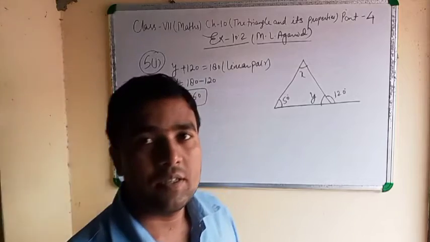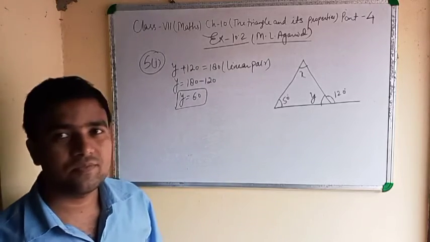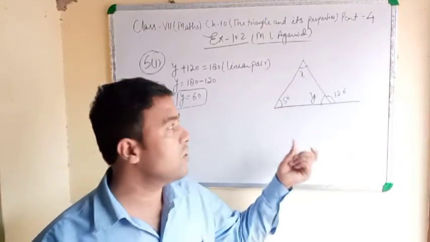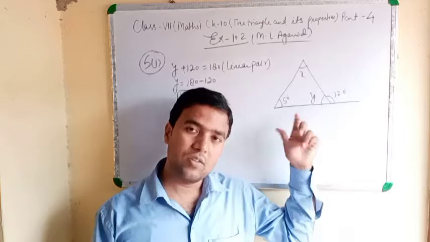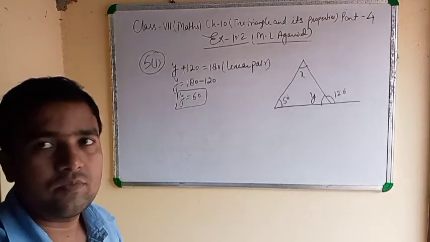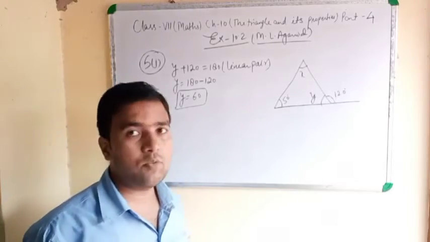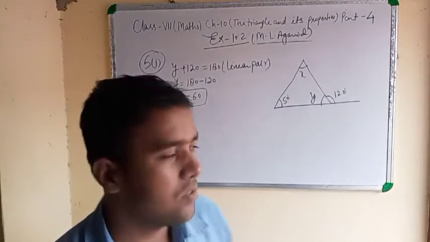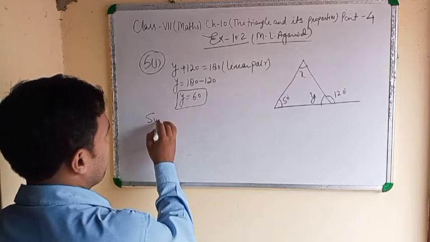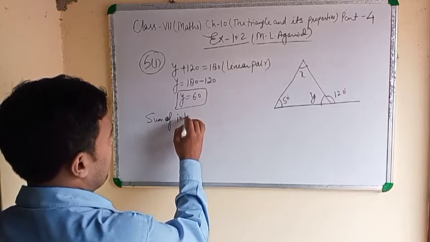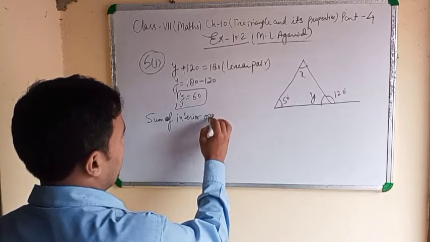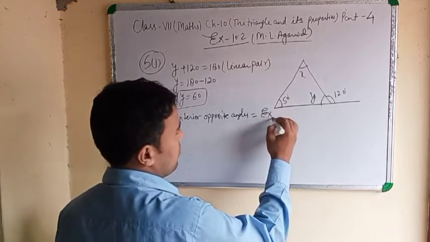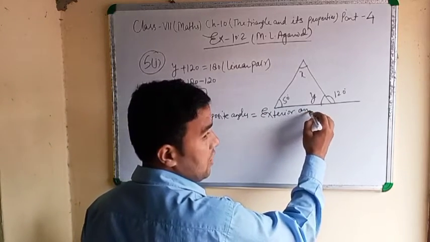After that, sum of two interior angles equal to one exterior angle. From that formula, but if you want to find by angle sum property, means you have two methods for finding x. Clear? Sum of interior opposite angle equal to exterior angle.